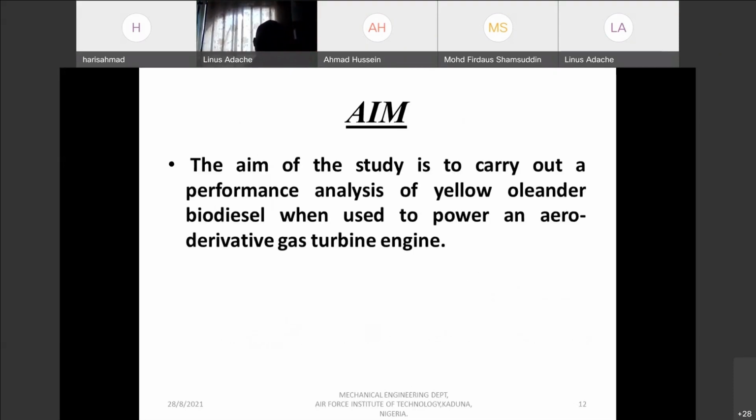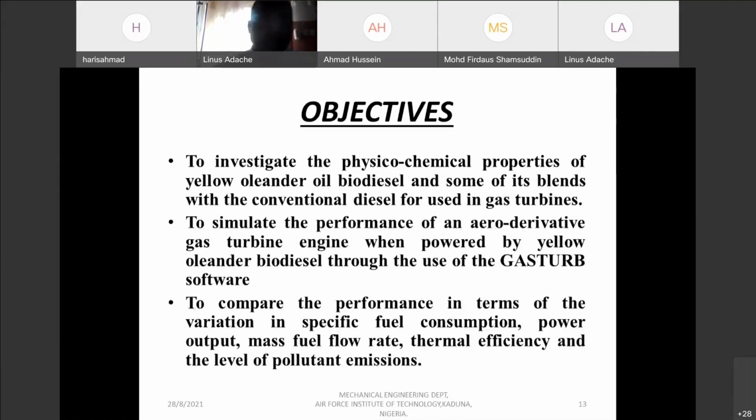The aim of the study is to carry out a performance analysis of yellow oleander biodiesel when used to power an aeroderivative gas turbine engine. The objectives of this study: first, to investigate the physicochemical properties of yellow oleander oil biodiesel and some of its blends with conventional diesel for use in gas turbine.